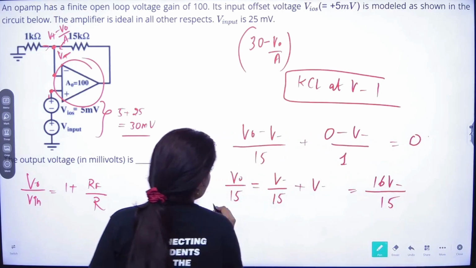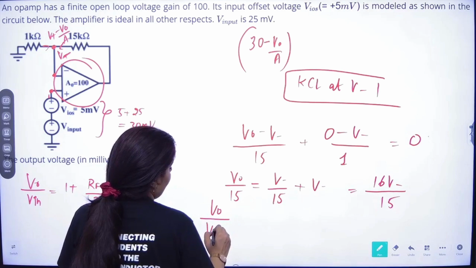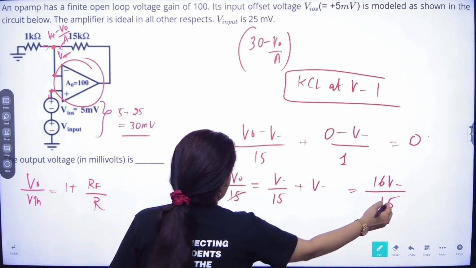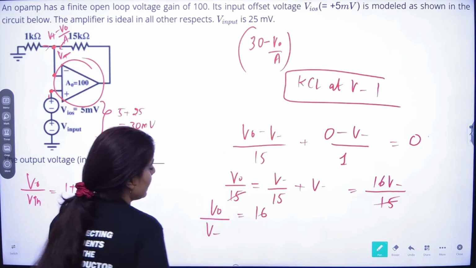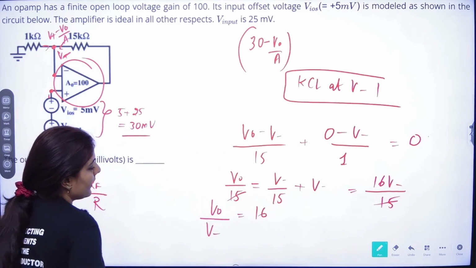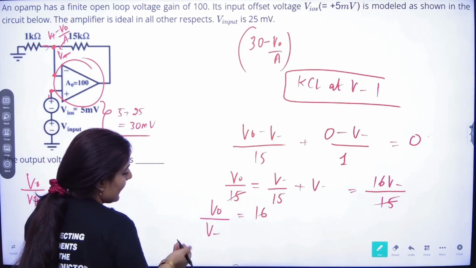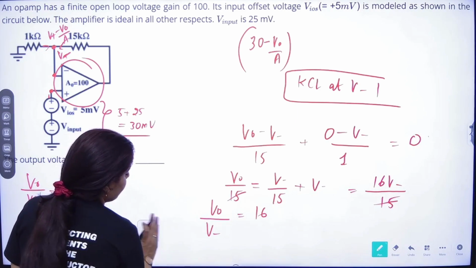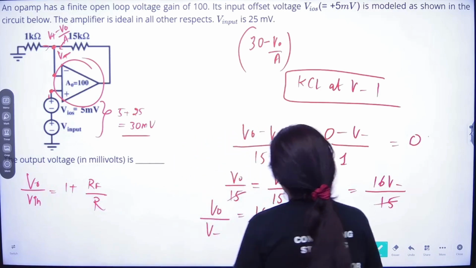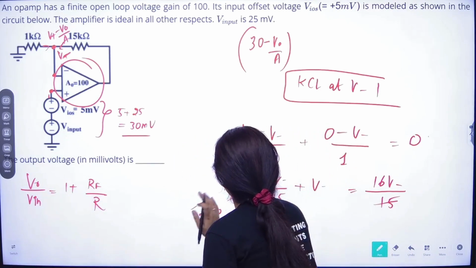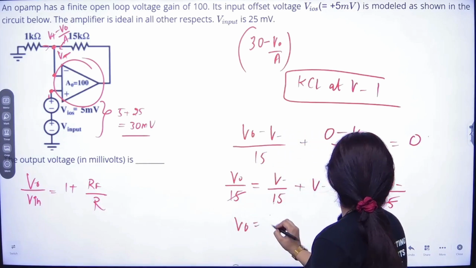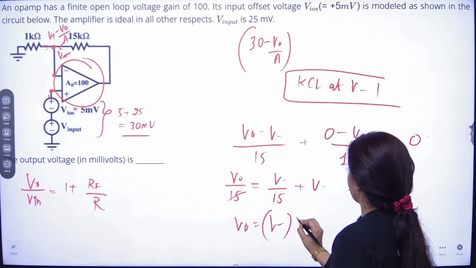So V naught by V negative is equal to 16. From there we get, right? Now this V negative is not exactly V negative. So I am replacing V negative as well. V naught will be equal to V negative into 16, right?